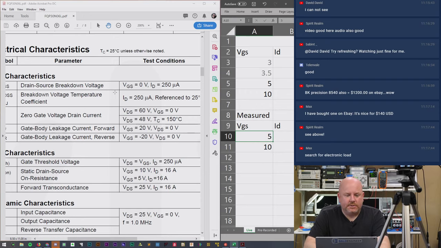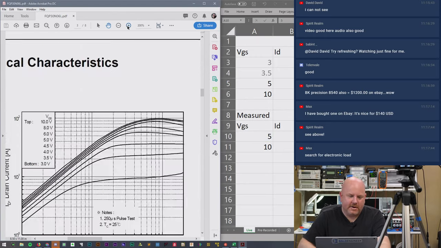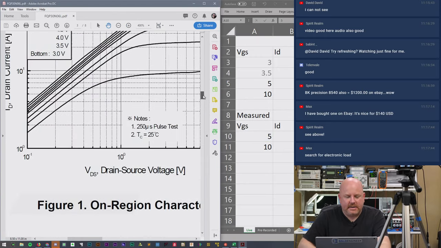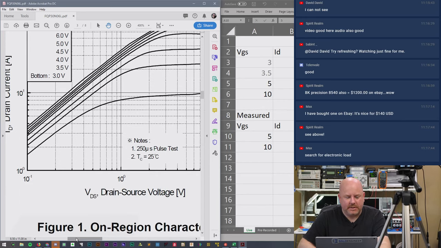So if we go to the data sheet for this transistor, where did my mouse go? And we look at this special curve, I call it special. It is the on region or output characteristics of this particular MOSFET.